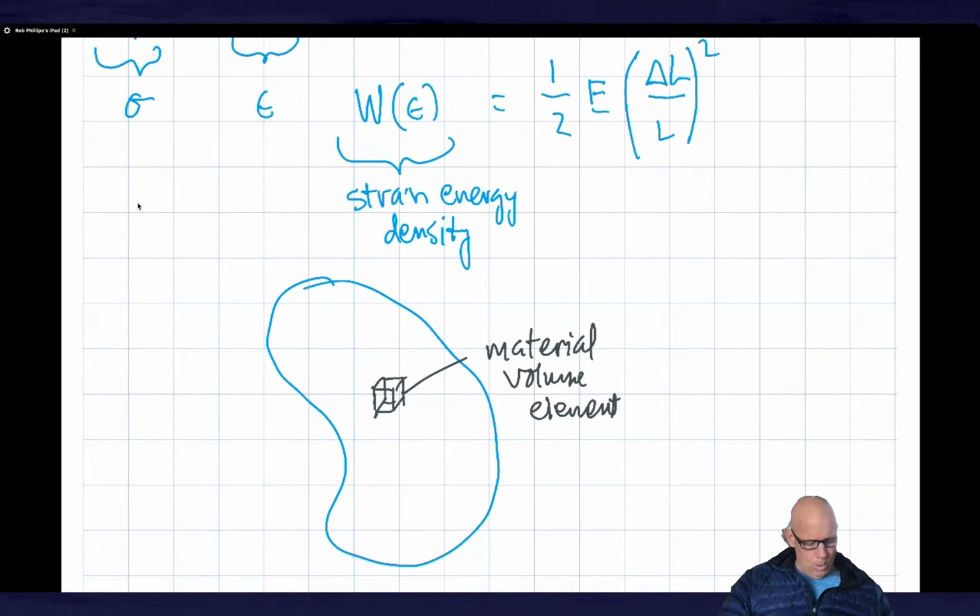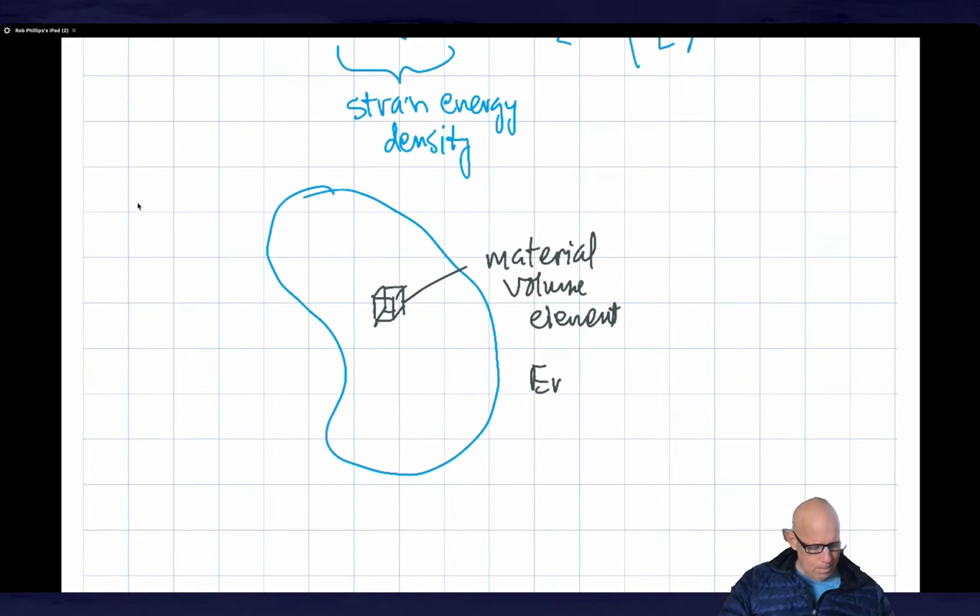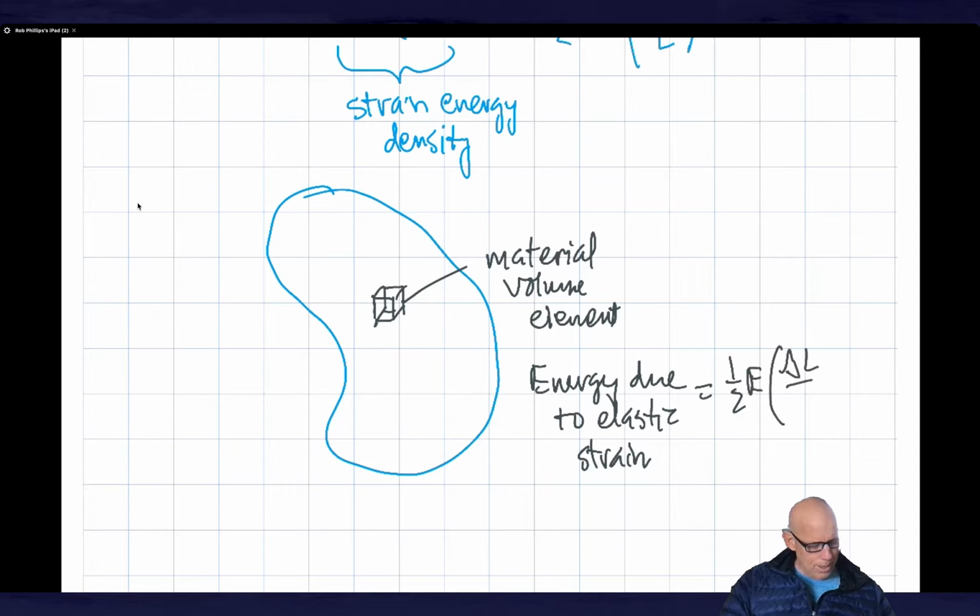And so the energy due to elastic strain, let's be precise, in this little volume element is given by 1/2 E delta L over L squared, if I just pulled it in one direction, times delta X, delta Y, delta Z.